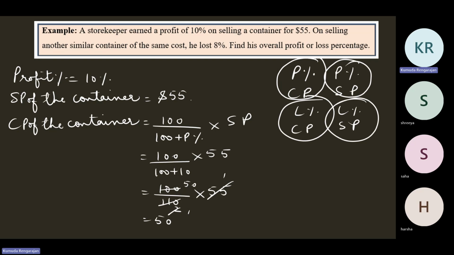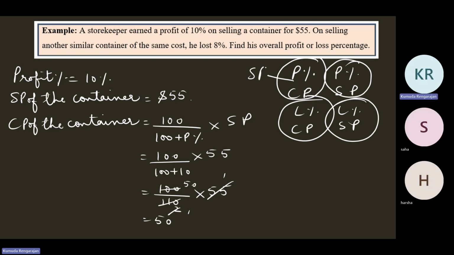So with the profit percent, you're given the CP or the SP, or with the loss percent, you're given the CP or the SP. Take the first case. With the profit percent, if you're given the CP, you can find the SP. Or with the profit percent, if you're given the SP, you can find the CP. Again, the same thing here. With the loss percent, if the CP is given, you can find the SP. With the loss percent, if the SP is given, you can find the CP.